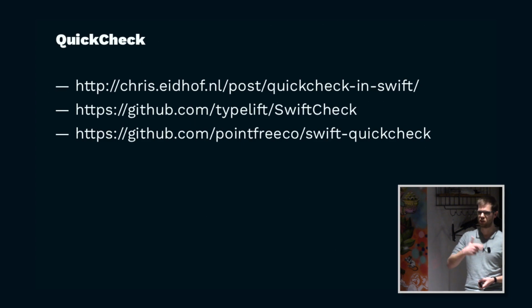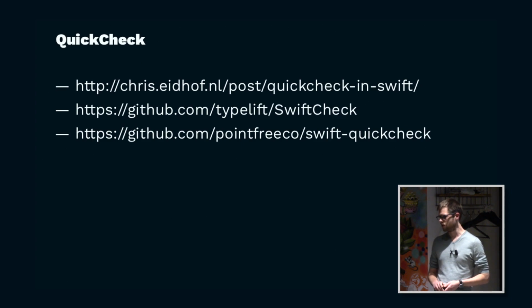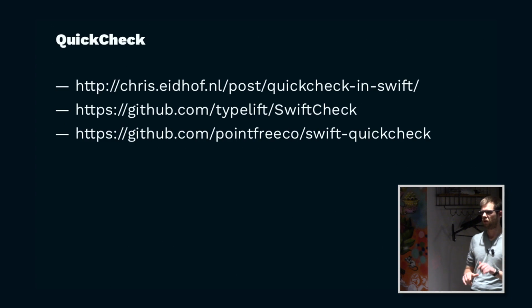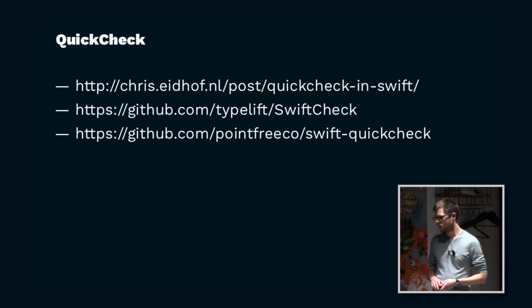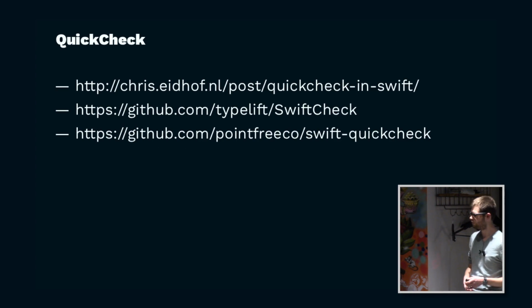It will tell you which example it used to break your functor. These are just three. Chris Eidhof wrote a post. It's not an actual library, he just wrote out how to implement one yourself. Then there's a bunch of GitHub repos. When I Googled it, there were a bunch more, so there's plenty of choice.